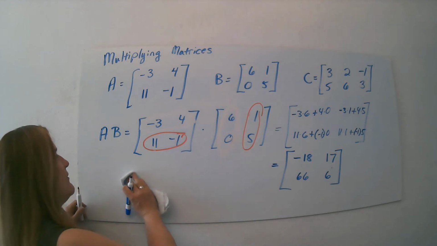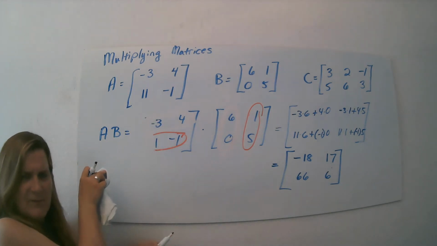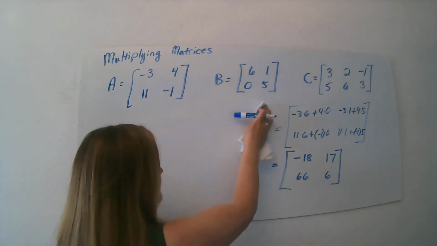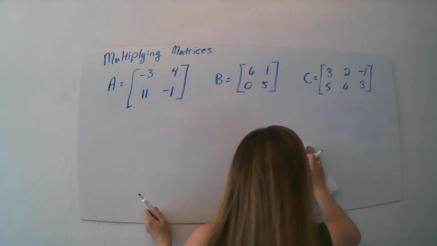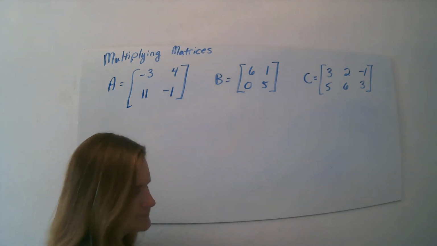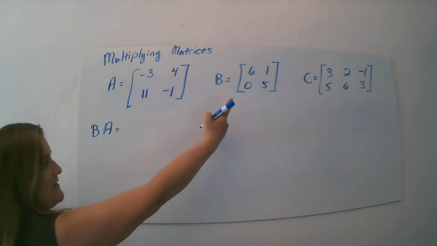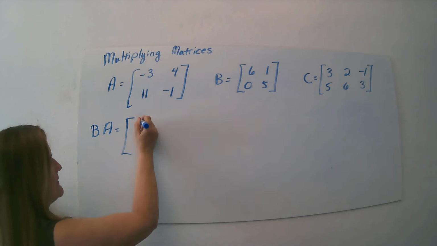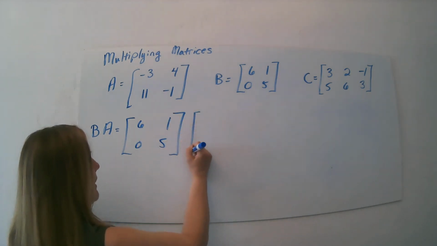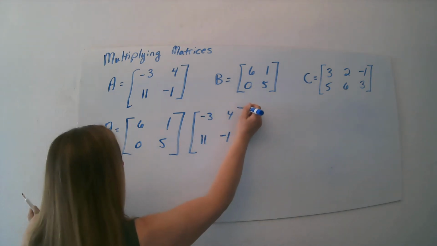Let's find the result when we have B times A. Notice that was A times B. Let's do the same process looking at B times A. So B times A. Now this matrix is first 6, 1, 0, 5, and we're multiplying it by -3, 4, 11, -1.